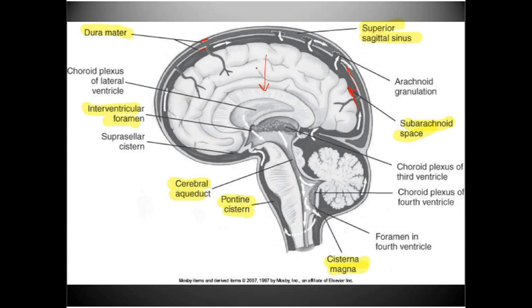Let me erase that. This appears to be the lateral ventricle, with this being the third ventricle, with the cerebral aqueduct or aqueduct of Sylvius, with this being the fourth ventricle, this being cerebellum, and this being the cerebrum.